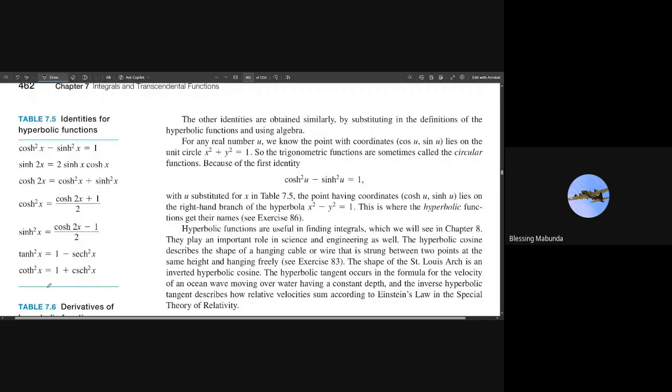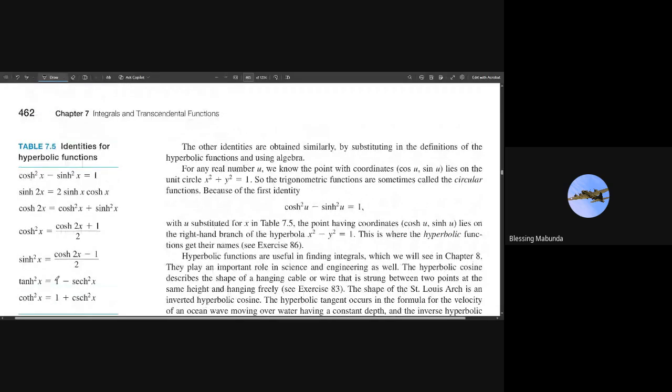So essentially, what's happening here is that for most of these examples, it depends on what identity you need.